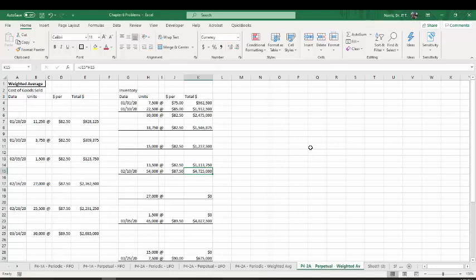We then make the February 10th purchase. So now we have total units of 67,500 at a total cost of 5,838,750. Or once again, an average cost of $86.50.